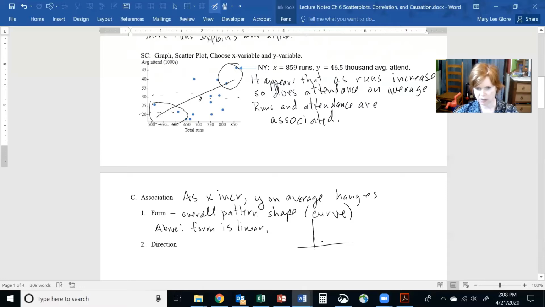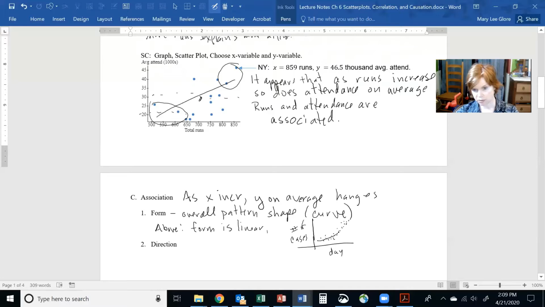I might have something that looks like this. If you guys have looked at the news at all, here's the day, and over here we have number of cases. And so it started out real low.